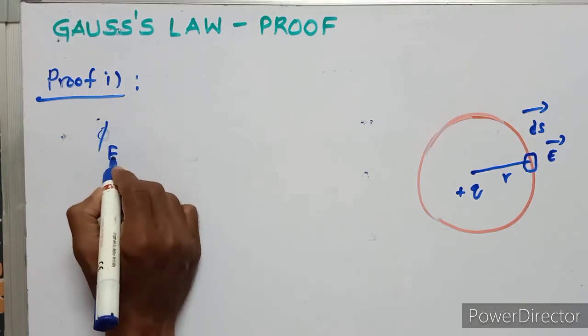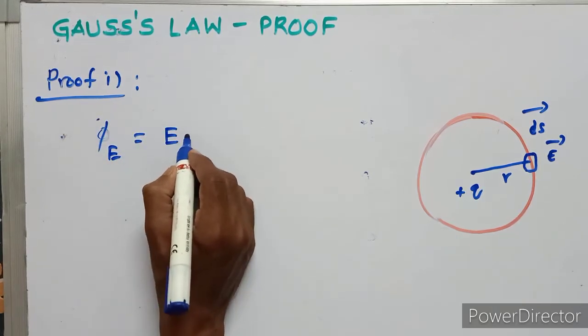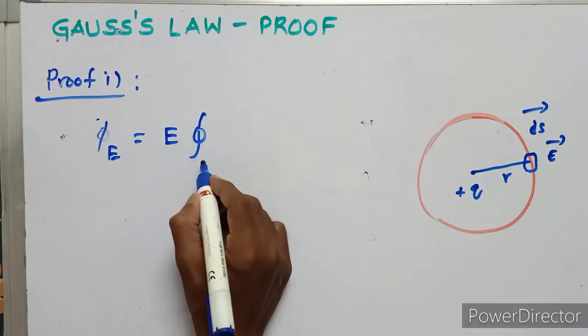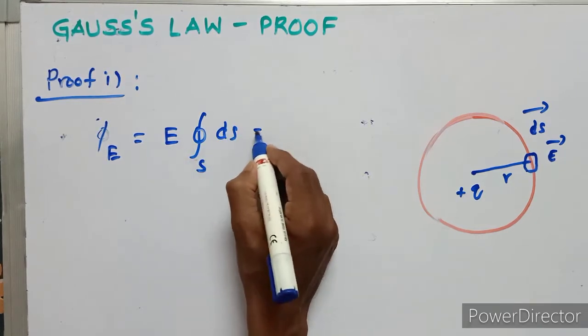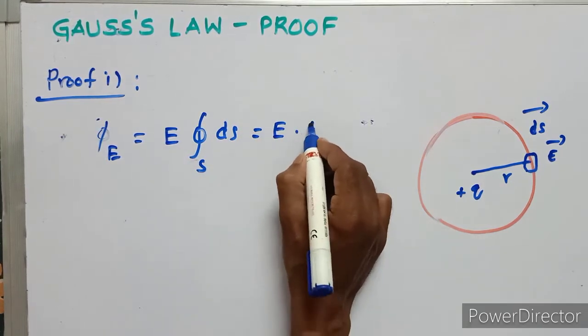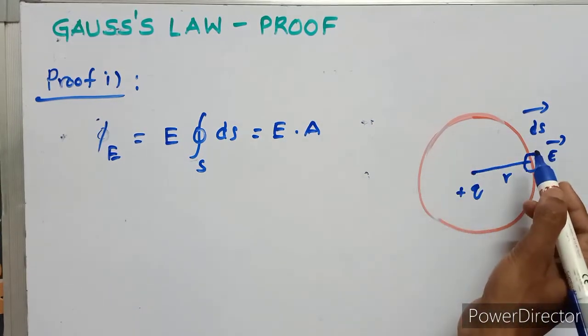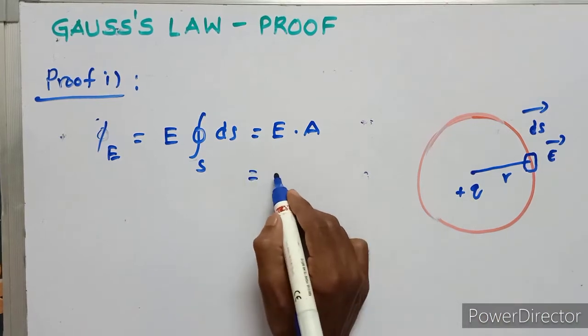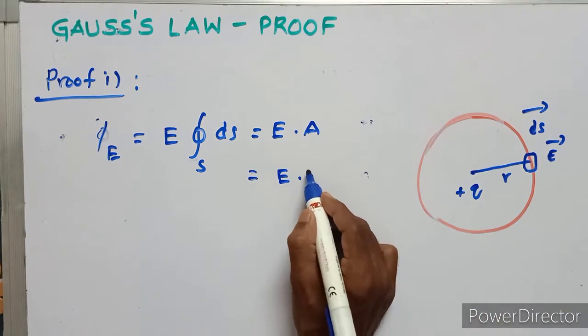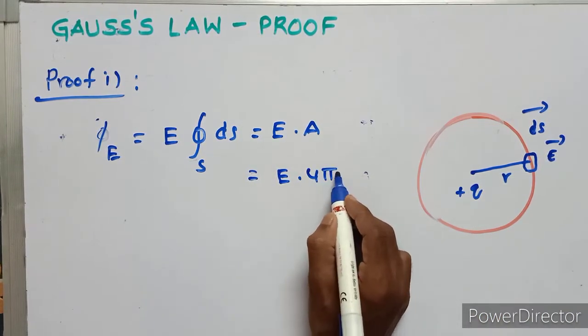So the electric flux is equal to E times the closed surface integral of ds, that is equal to E into A. A is the area of the sphere. Area of the sphere is 4 pi r square.